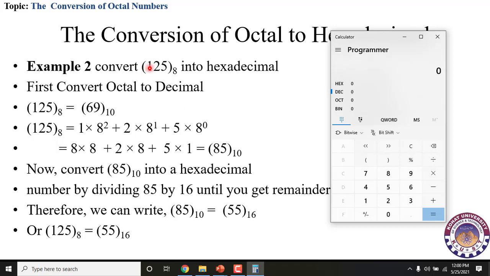Now we want to convert 125 to hexadecimal, and 125 is an octal number. So we will click on octal here and then type 125. 125 in hexadecimal is 55, which is here.